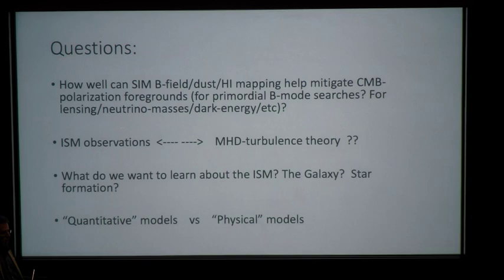Is the ISM the highest Reynolds number fluid that we deal with in plasma? Well, the Reynolds numbers can be 10 to the 5, 10 to the 10, and larger.